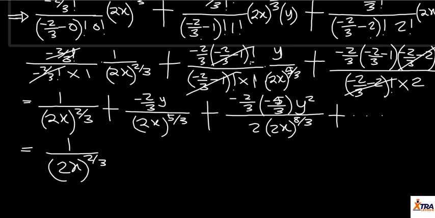Breaking this down, I can say this is minus 2y over 3 into brackets 2x raised to the power 5 over 3. I know minus and minus here will give me 10 over 9.